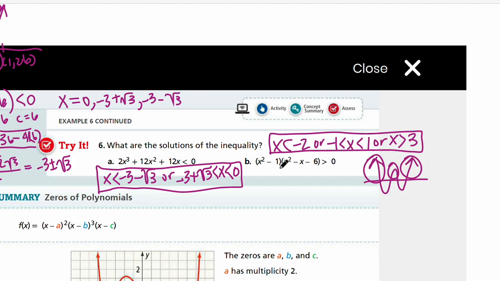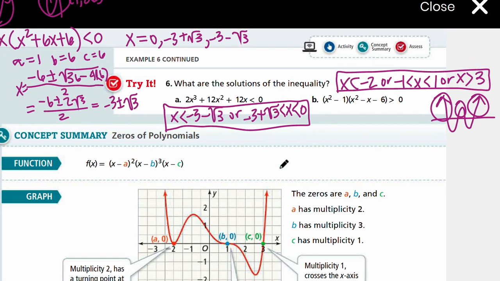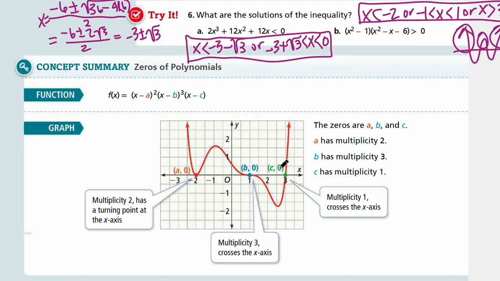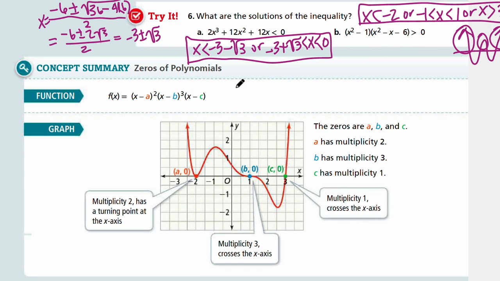All right. So that was the last example of lesson 3-5, zeros of polynomials. So the function that we looked at would be anything that looks like this. We have factors, right? And so sometimes we have the square of the same factor or cube of the same factor, right? That just means it could be our turning point at exactly 0 when y is equal to 0.